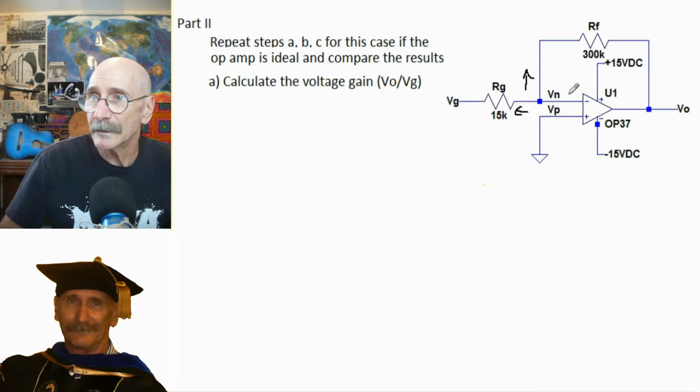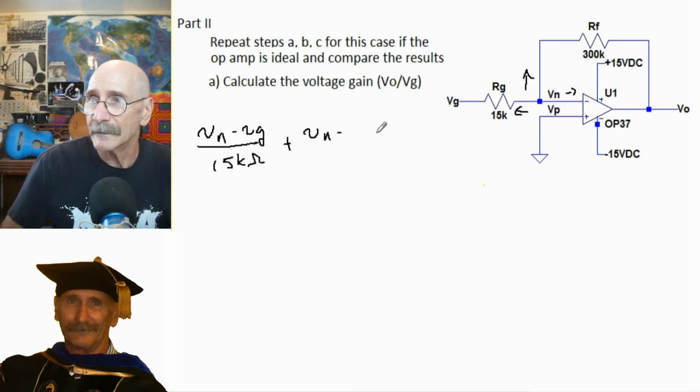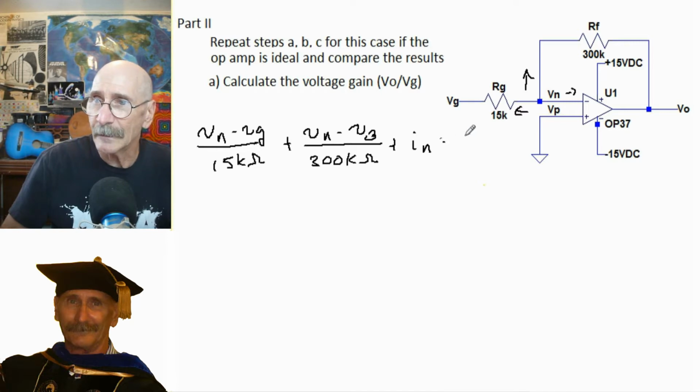Look at the currents going in these two directions. It's going to be Vn minus Vg over 15k ohms plus V in minus V out over 300k ohms plus I in. Now in this case, all that adds up to 0.